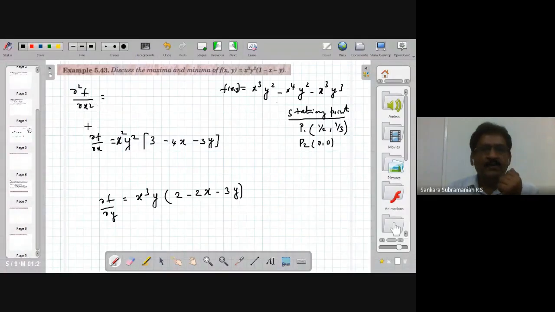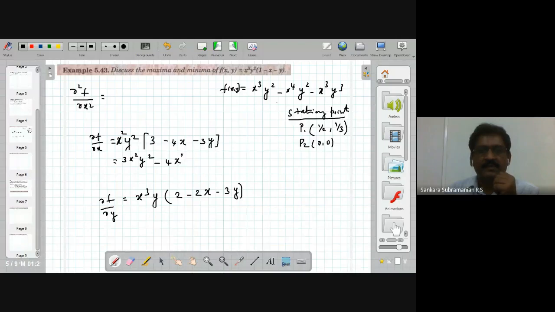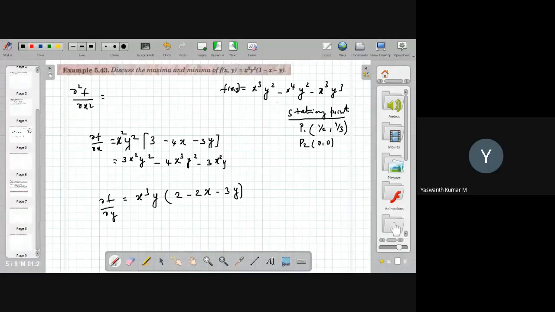Go to dou f by dou x and differentiate with respect to x. To avoid the UV method, you can go ahead with multiplying the terms inside. So you get 3x square y square minus 4x cube y square minus 3x square y cube.